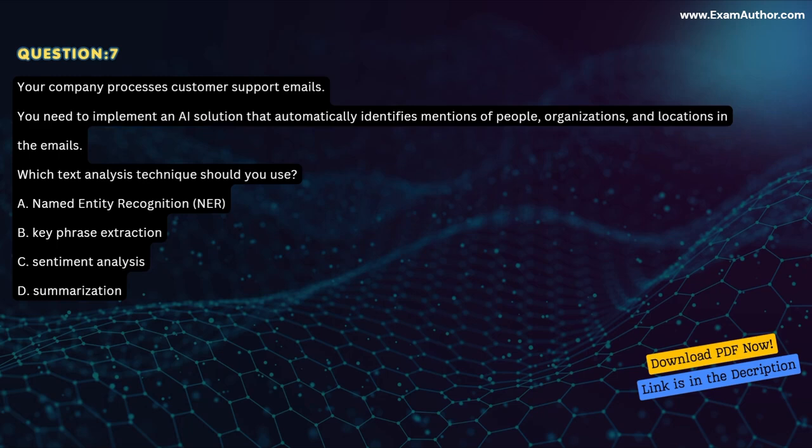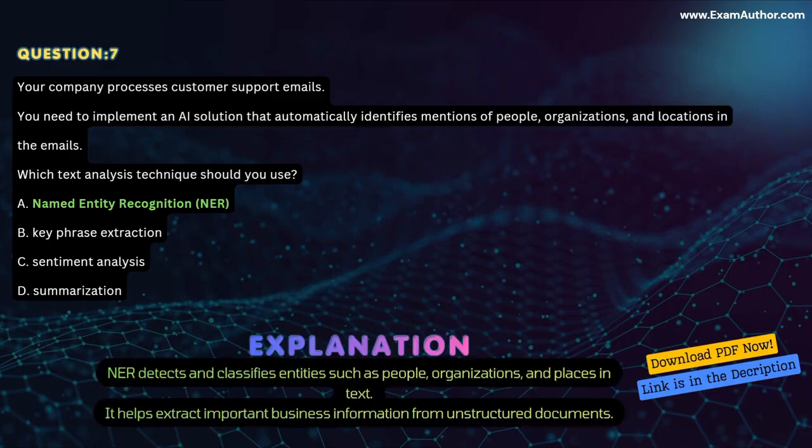C. Sentiment analysis. D. Summarization. Answer A. Named entity recognition (NER). Explanation. NER detects and classifies entities such as people, organizations, and places in text. It helps extract important business information from unstructured documents.